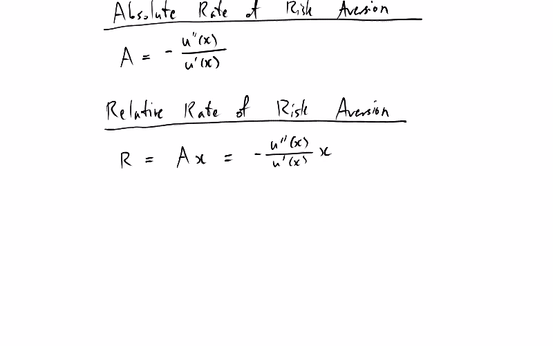In particular, the absolute rate is saying that your risk preference only depends on the outcome in concern. So let's say X is the money you're gonna get. What this says is someone with a lot of money is going to have the same preference over an investment opportunity as someone who is poor.